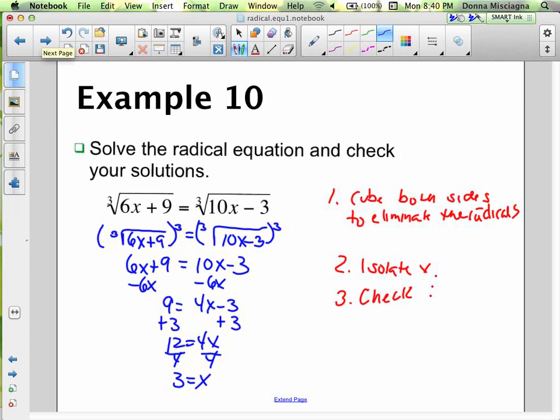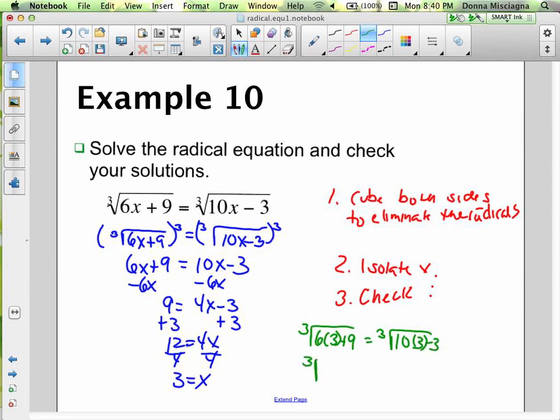Now let's see if it's a good solution or an extraneous solution. We're going to plug into the original equation and check. So we have the cube root of 6 times 3 plus 9 equals the cube root of 10 times 3 minus 3.